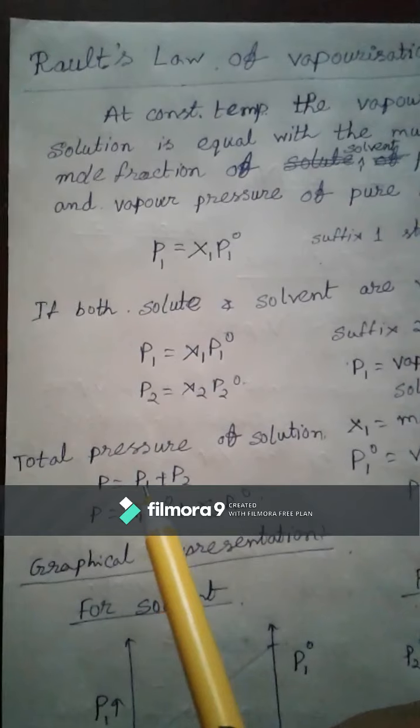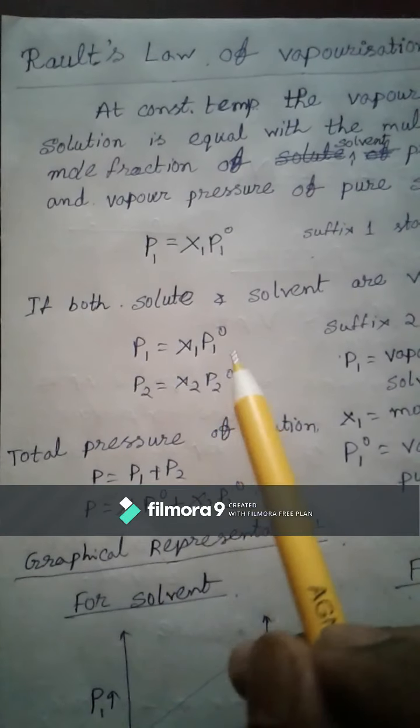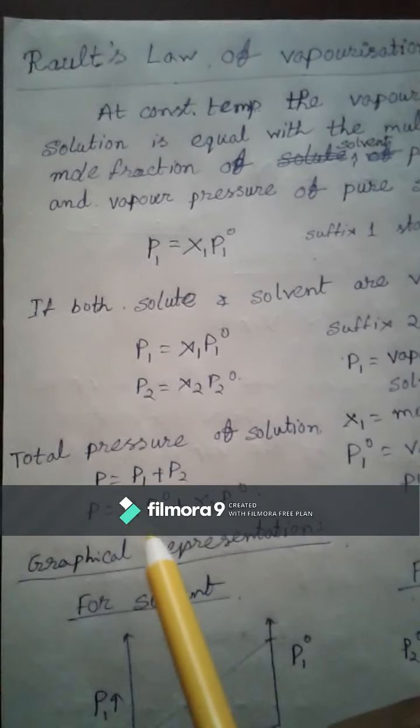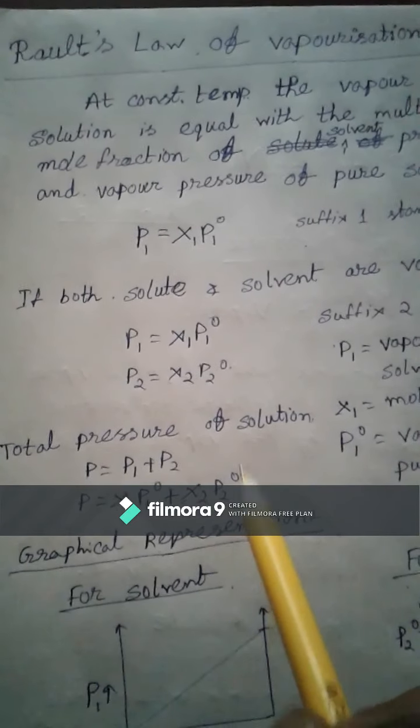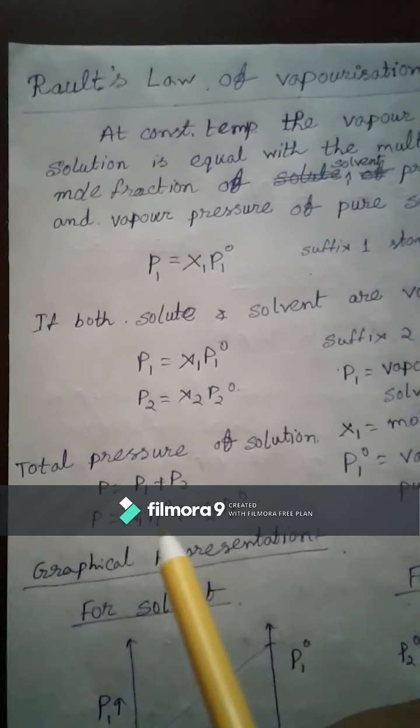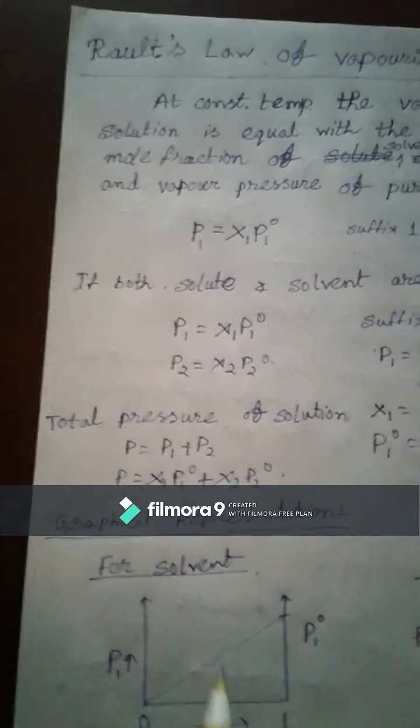That is P is equal to P1 plus P2, where P1 is x1 P1 0 and P2 is x2 P2 0. By adding these two, we get the vapor pressure of the solution.